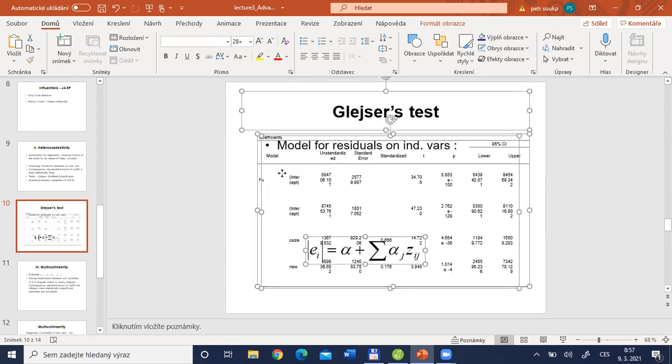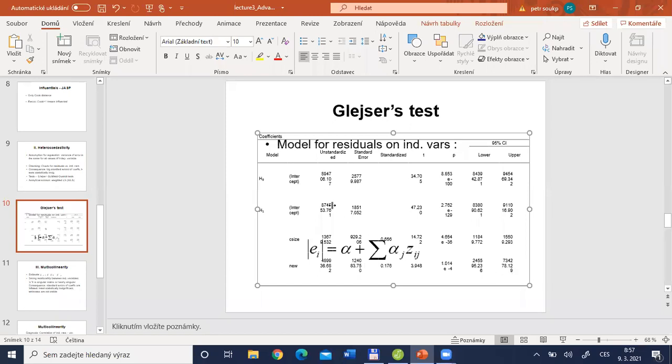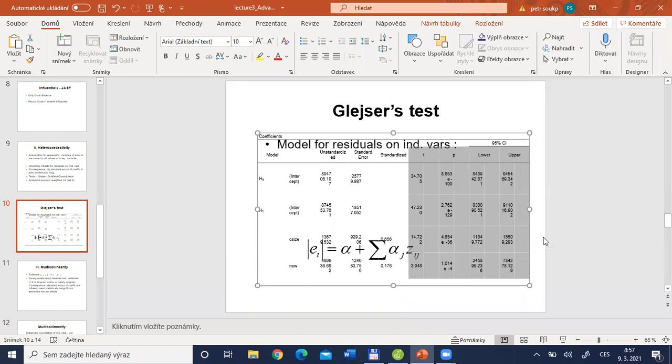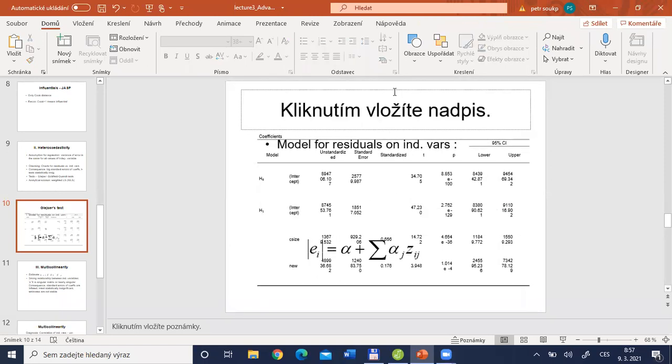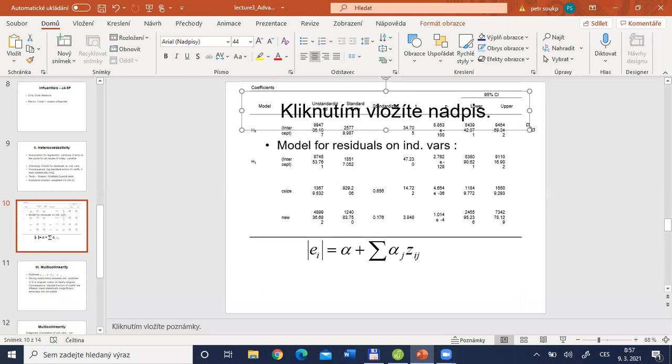So I would only make bigger the figures for the values that we would need. Maybe I can erase all these. Okay, so maybe I would only erase this one and move it upwards.